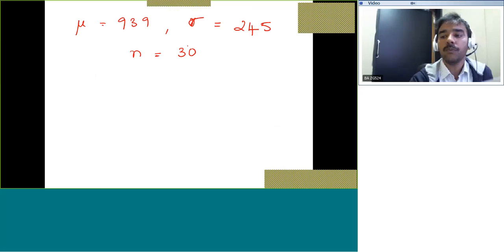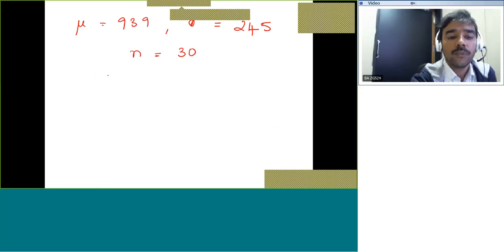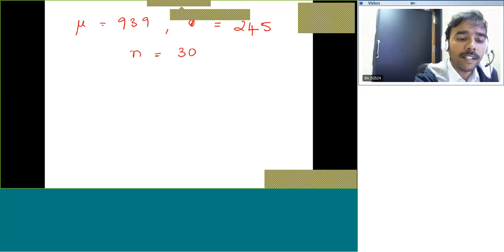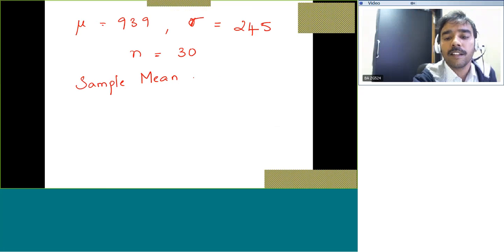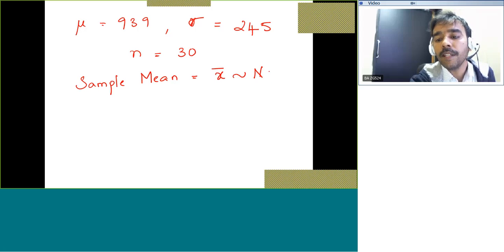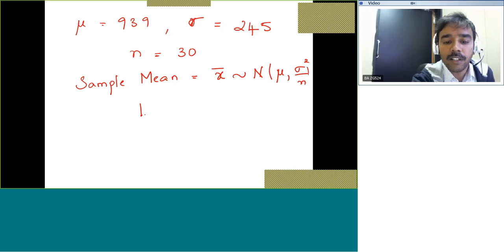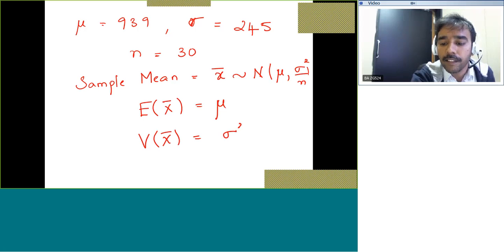Now we know that the sample mean, the point estimator of mu, x bar, follows normal distribution with mean mu and variance sigma square by n. That is, expectation of x bar is mu and variance of x bar is sigma square by n.